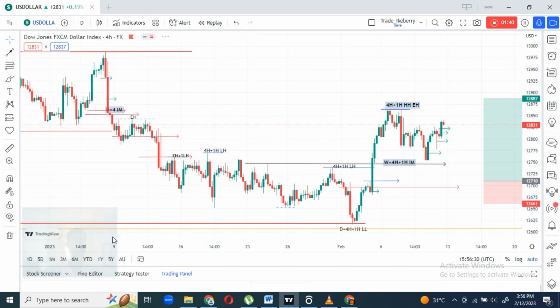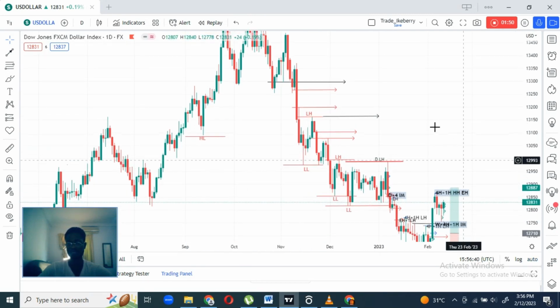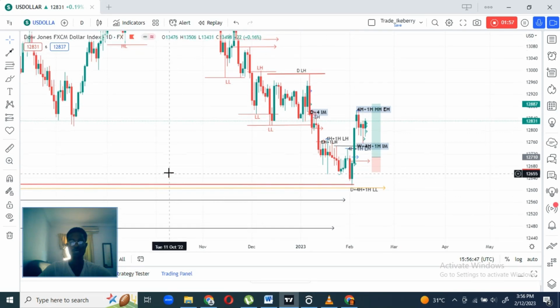This is what we normally do. Over last year we had a higher low here, a higher high here, and we got it broken. Let's dive right into here, which is our previous daily lower high and daily lower low.